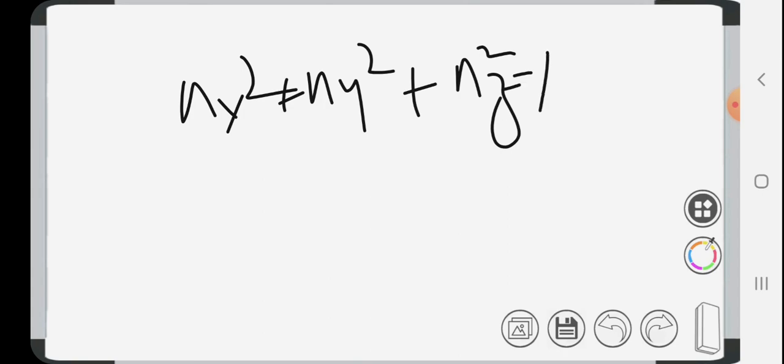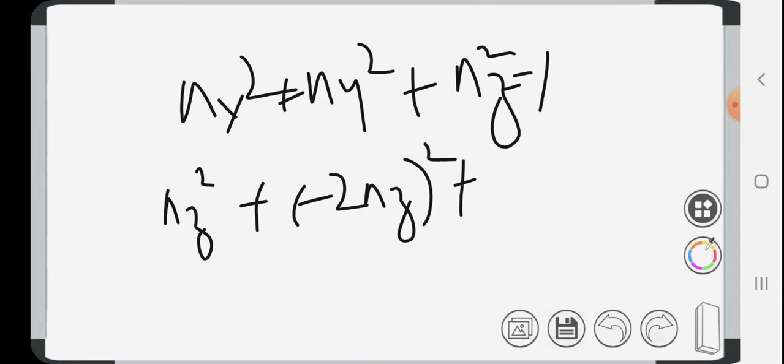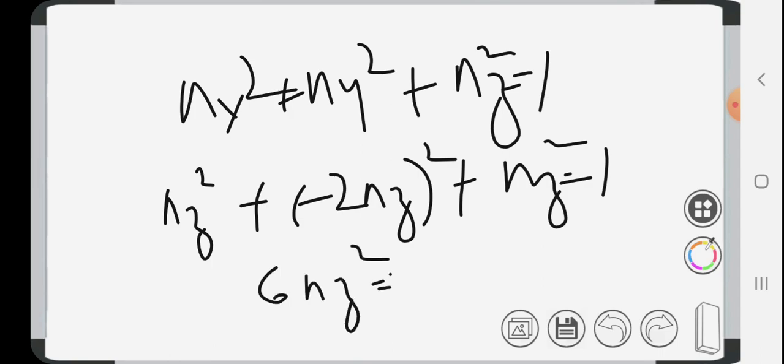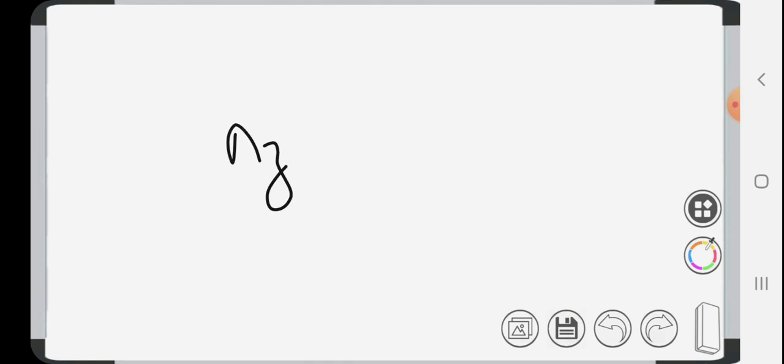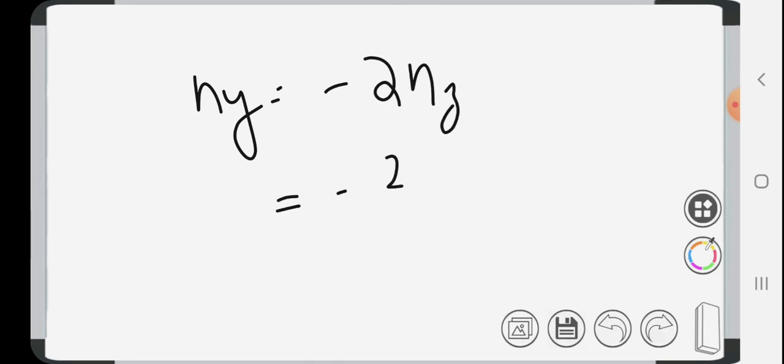So you substitute nx as nz, ny as minus 2nz: nz square plus 4nz square plus nz square equal to 1. We will get total 6nz square equal to 1. You will get nz as 1 by root 6. Now this will be equal to nx itself, and ny will be equal to minus 2nz, so it will be minus 2 by root 6.